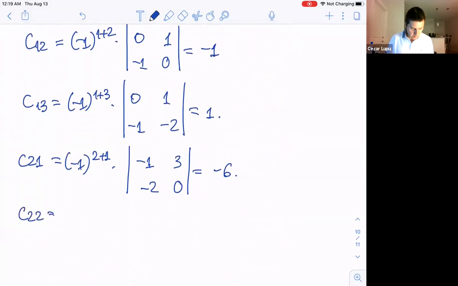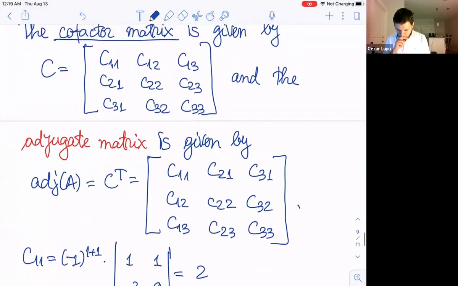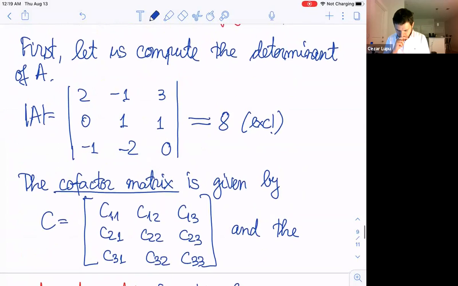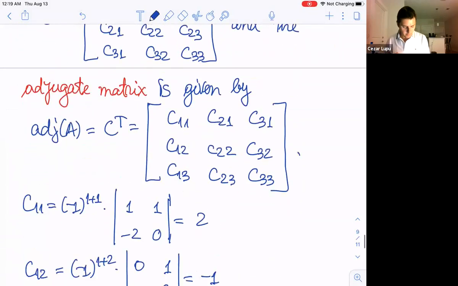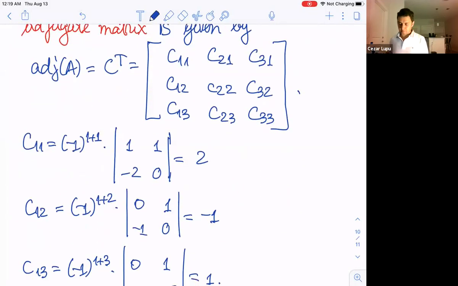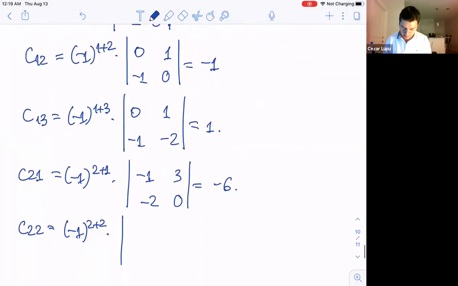C22 will be, which will give us 3, right?